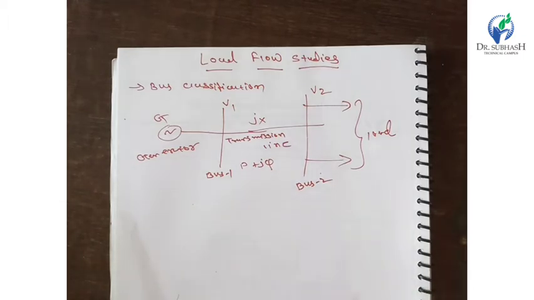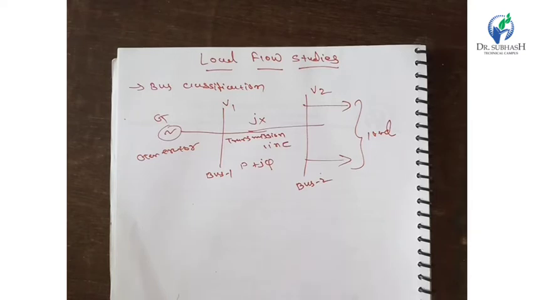We know that each bus in a power system is associated with four quantities, namely real power, reactive power, voltage magnitude, and phase angle. In the load flow problem, 2 out of the 4 quantities are specified, and the other 2 quantities are determined through the solution of the load flow equation.